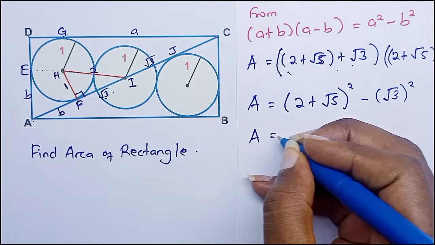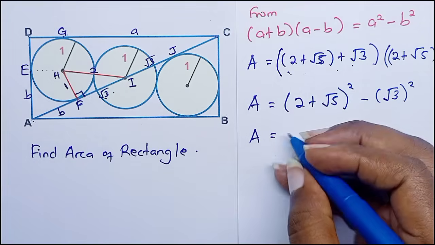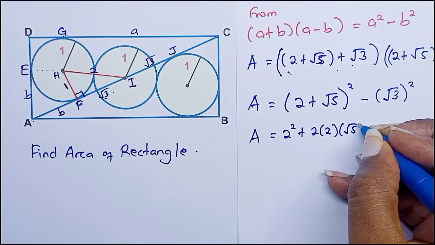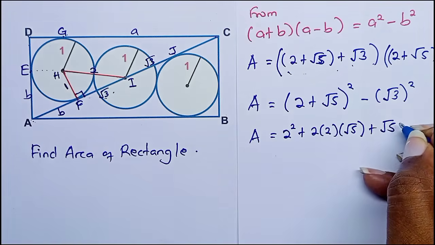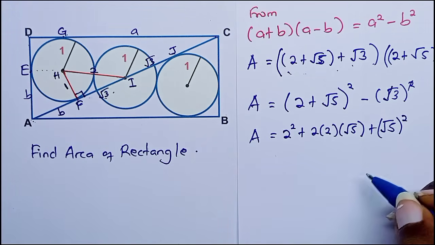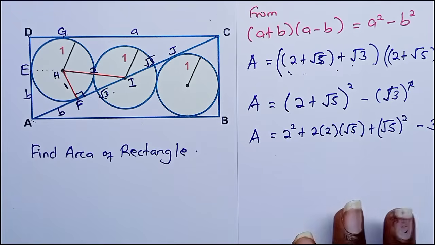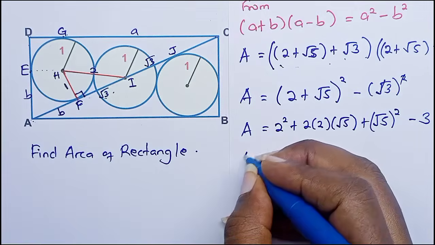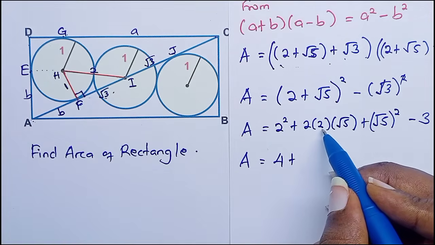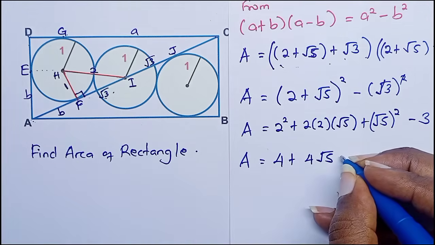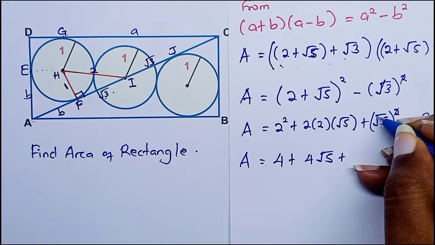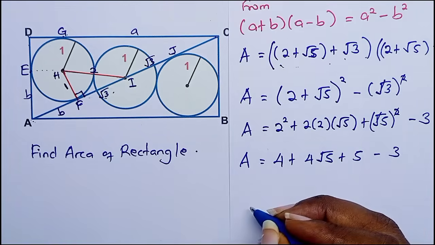So A will be equal to, when you expand this, you get 2 squared plus 2 into root 5 plus root 5 squared. Then the square root cancels with the square and we have minus 3. Okay, so area is equal to 2 squared is 4, so 4 plus 2 times 2 is 4, so 4 root 5 plus, this cancels, so we have 5 minus 3.